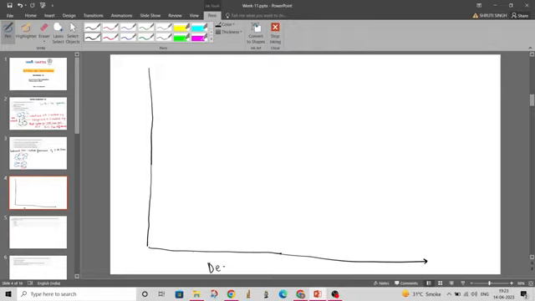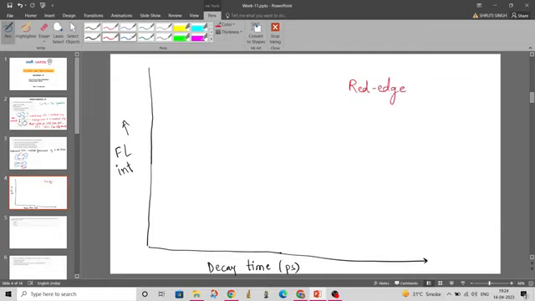So here is the decay, and here is the counts or fluorescence intensity. Now at the red edge, and here I will draw the blue edge. I am drawing only one wavelength.